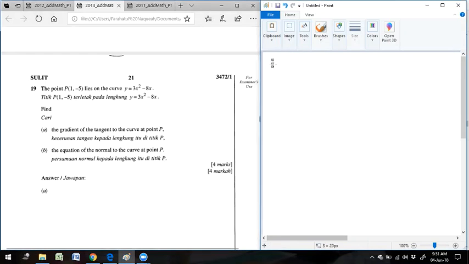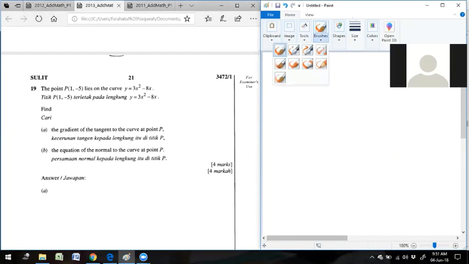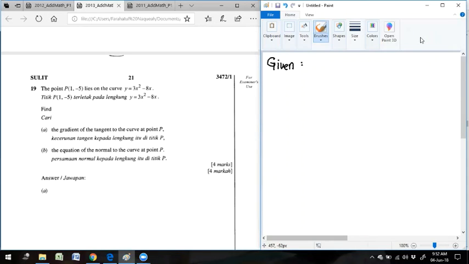Okay, given that the point P is at (1, -5).